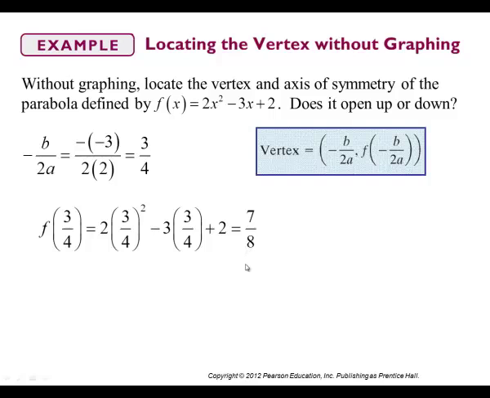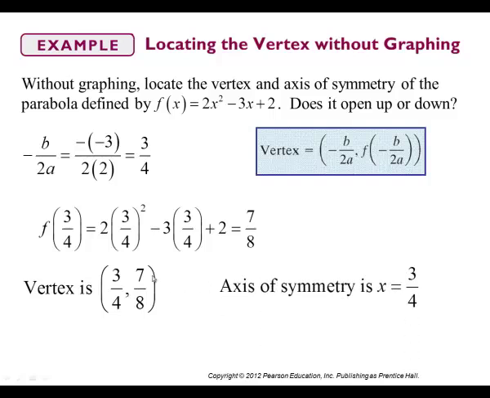So our vertex is 3/4 for x and 7/8 for the y-coordinate of our vertex, or h and k. And our axis of symmetry, that's always the x-coordinate of our vertex. Okay, and because a is positive, then the parabola opens up.